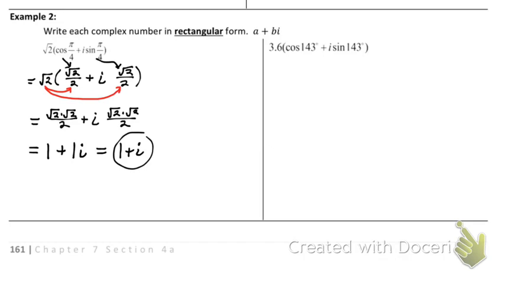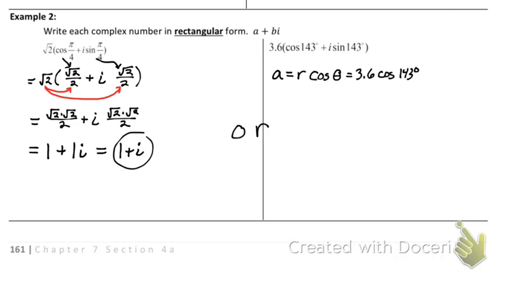The other method is this. Or you can just remember the fact that a equals your absolute value or your magnitude times cosine of your theta, which is 143. Let's leave it as theta for right now because we're just using letters, which is going to be the same thing as 3.6 times the cosine of 143 degrees.